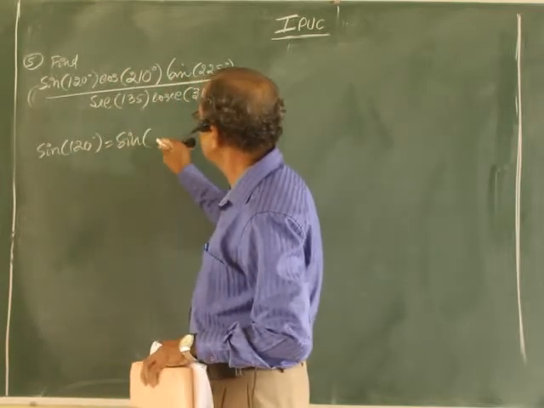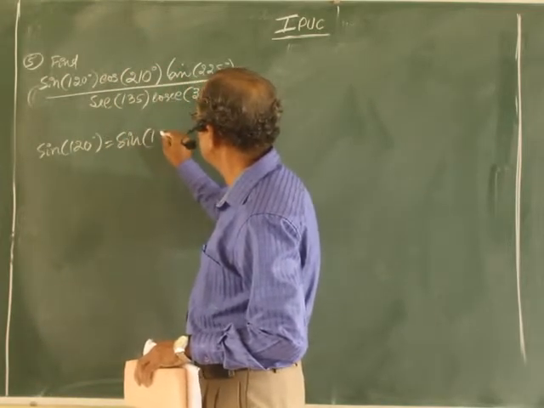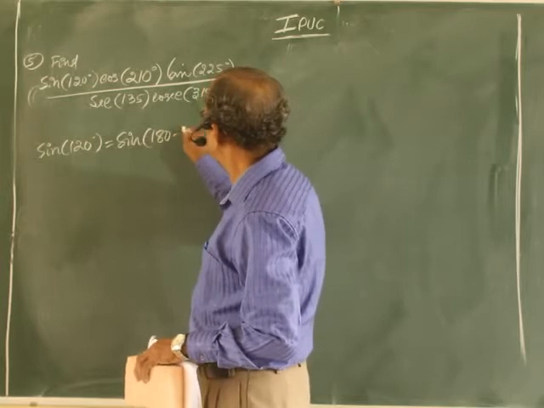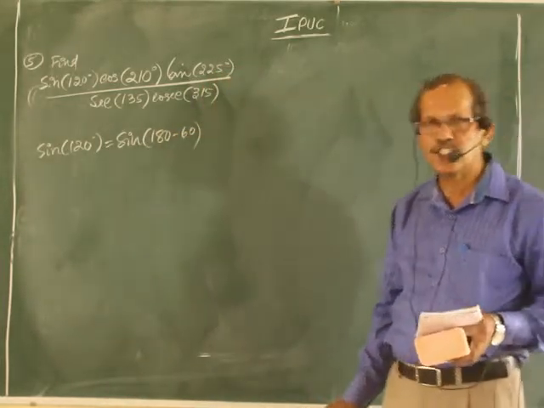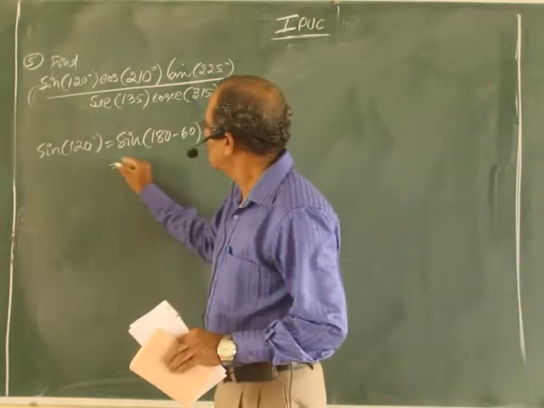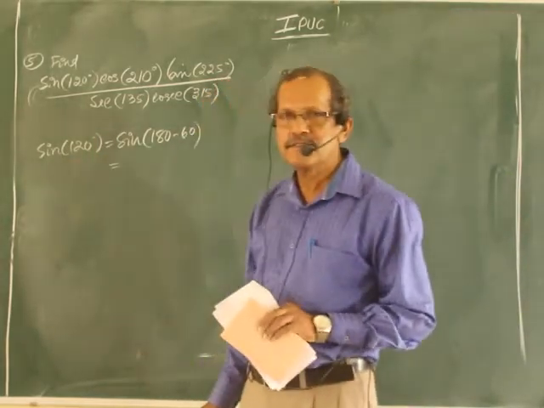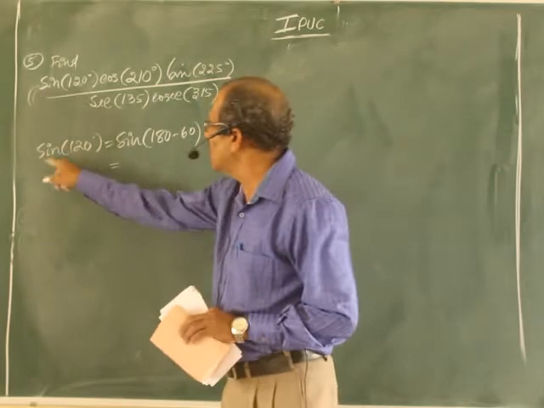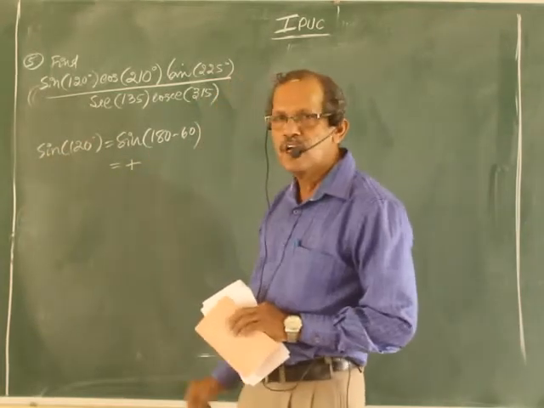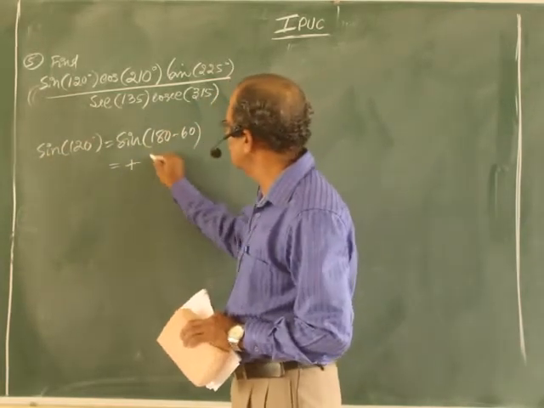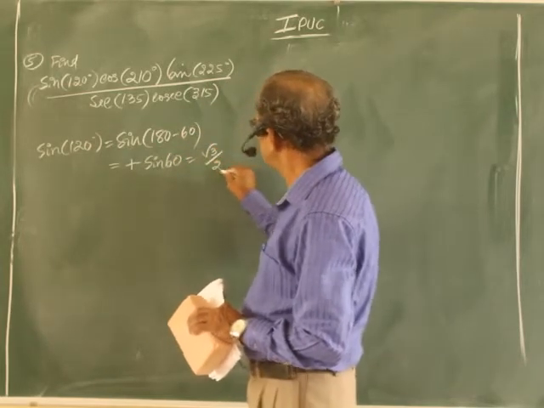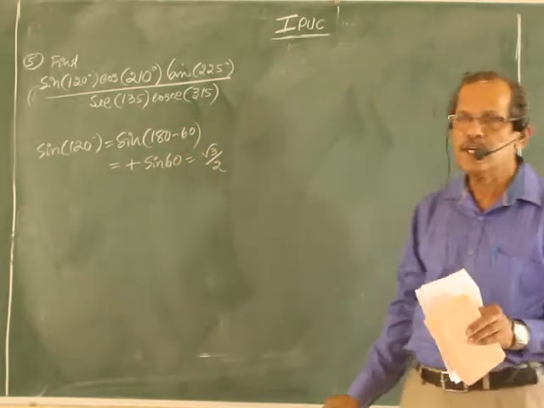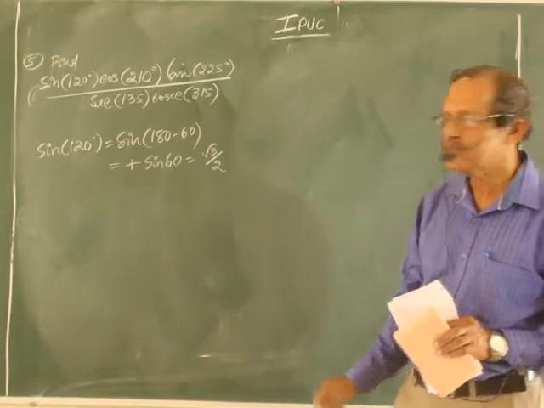Sin of standard form is 180 minus 60. Quadrant number second, sin positive. Since you have written 180, sin remains the same, so it is root 3 by 2. Sin 60 is root 3 by 2.